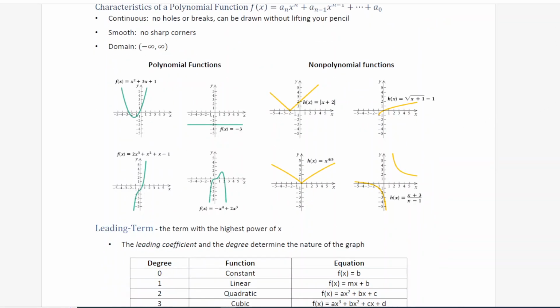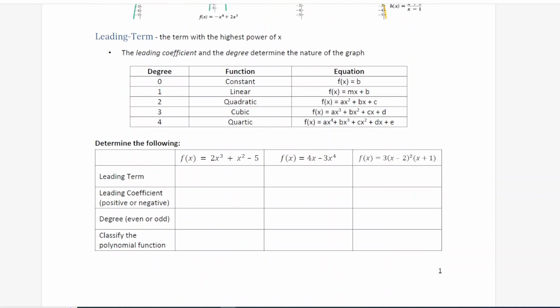Okay. So let's delve into these polynomial functions in more depth. One of the first things you need to know is what type of polynomial function you are going to be graphing. One of the ways of determining that is to look at what we call the leading term. The leading term is the term with the highest power of x.